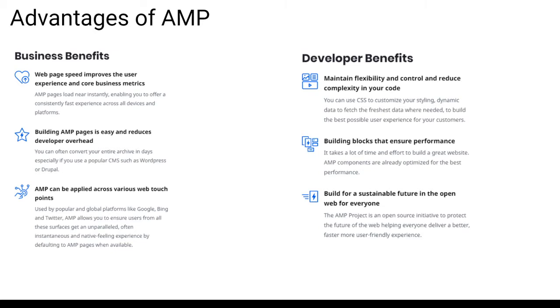And before that, advantages of AMP: you have business benefits and developer benefits. I'll skip this part as of now because we will be covering a lot of things as part of the code as well. So let's see some code. I have put a link as well of the playground of AMP where you can just click on this link and you will land on the playground website where you can see all the examples.